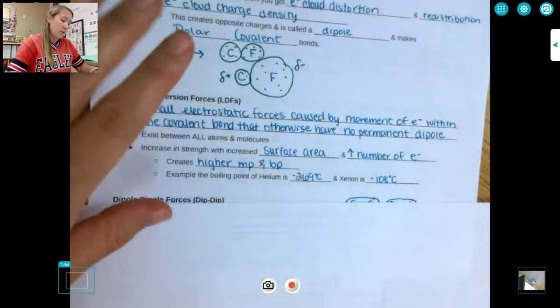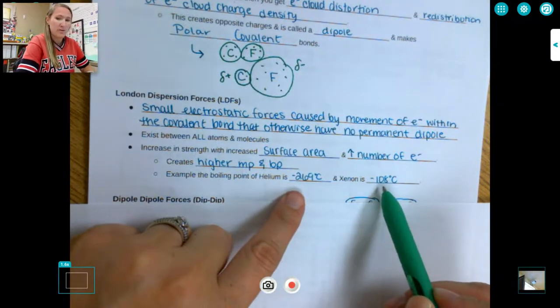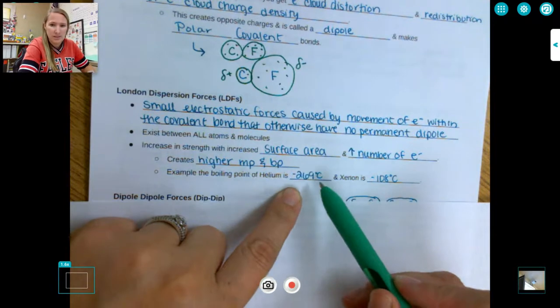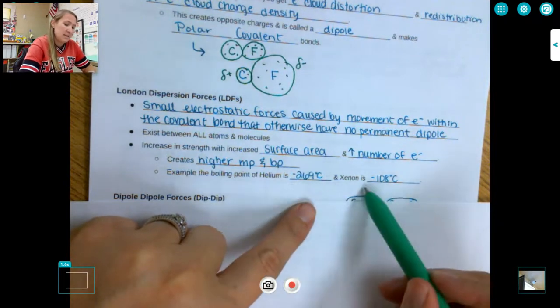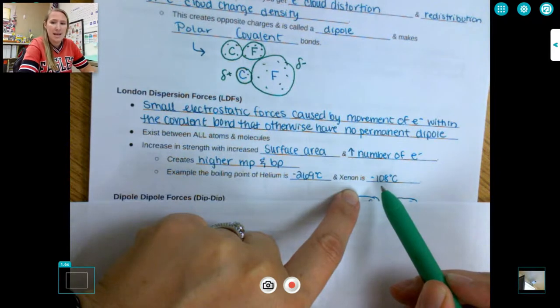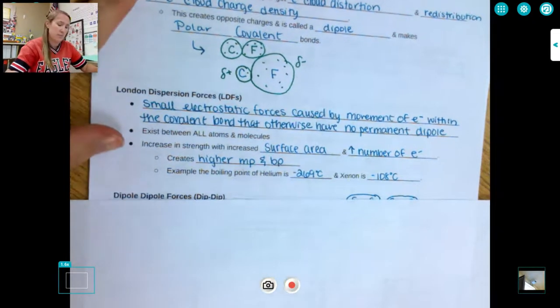Okay, therefore, xenon is going to have a much higher boiling point of negative 100 compared to helium at negative 270. And that's because it's going to take more energy to break apart my xenon atoms from one to the next, right? Because xenon's a noble gas, so it doesn't bond with most things. It just hangs out. It can take more energy to separate those than it is for helium because helium has weaker London dispersion forces.